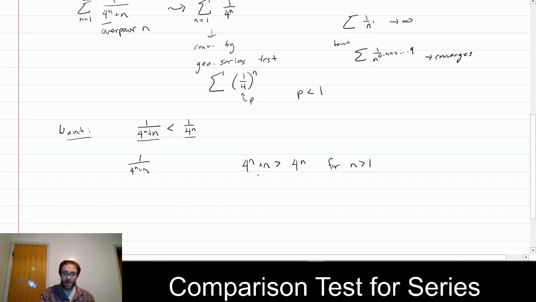So that tells us that 1 over 4 to the n plus n is going to be less than 1 over 4 to the n. So we immediately have what we want. It's less than 1 over 4 to the n for n equals 1.